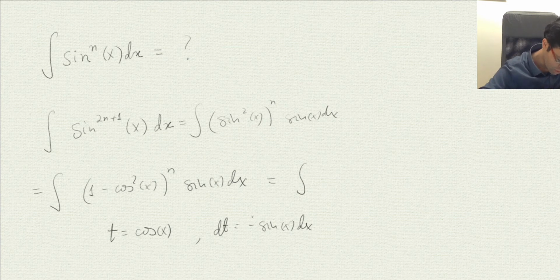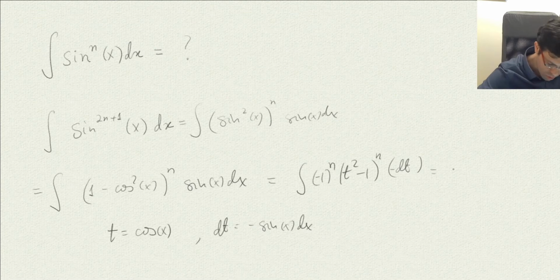Maybe we'll write this in the following way. So it's going to be minus 1 to the power of n times t squared minus 1. It's just flipping the order here. And then we also have minus dt, and then all of this to the power of n, of course. So it becomes this integral of minus 1 to the power of n plus 1. And here it's the integral of t squared minus 1 to the power of n dt.